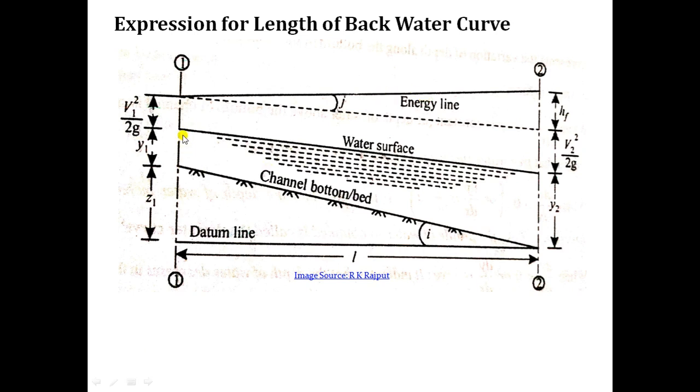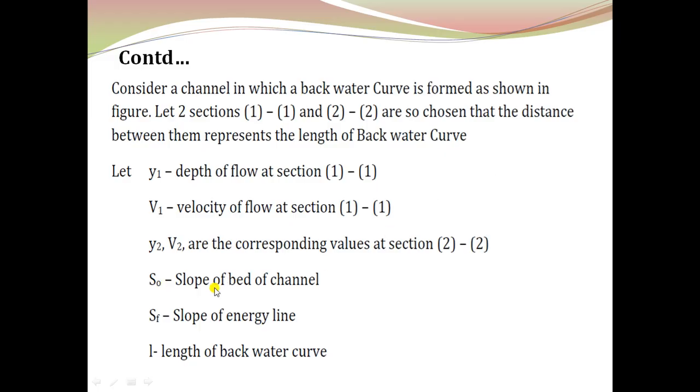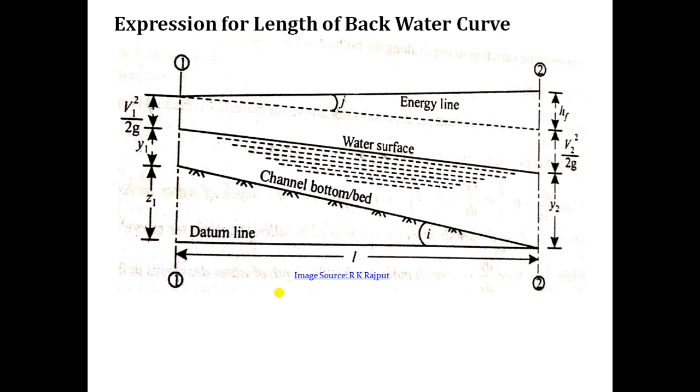So y1 is the depth of flow at section 1-1, v1 is the velocity of flow at section 1-1, y2 and v2 are the corresponding values at section 2-2. S0 is the slope of the bed of the channel, and Sf is the slope of energy line. L is the length of the backwater curve, that is the distance between these two sections.